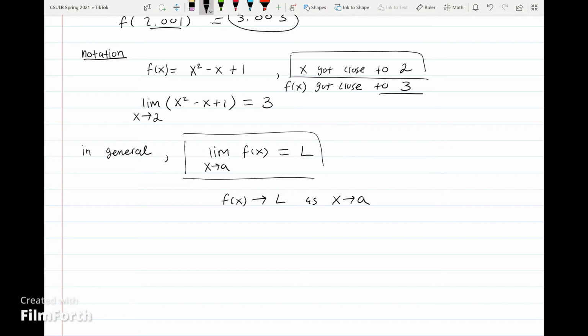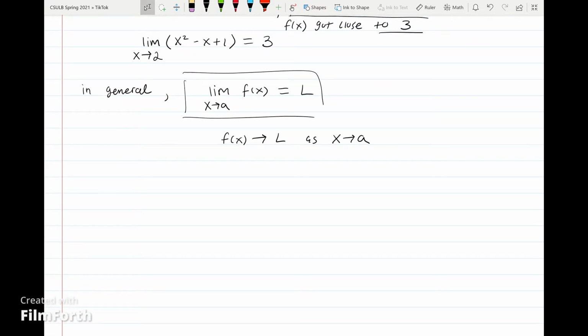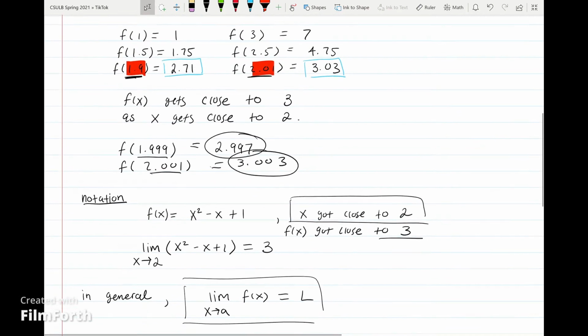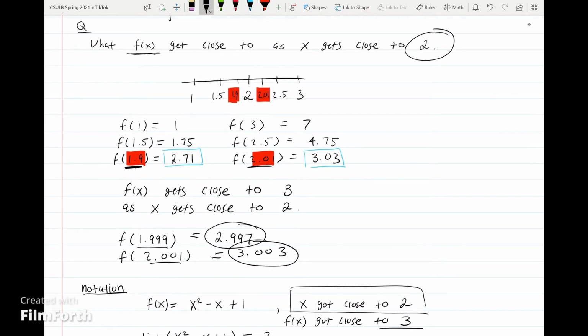So that's a very intuitive way to think about limits. I do want to talk about one more thing before we move on. What I did up here, plugging in values and getting the function's value for various numbers, is a great way to get an idea about a limit.